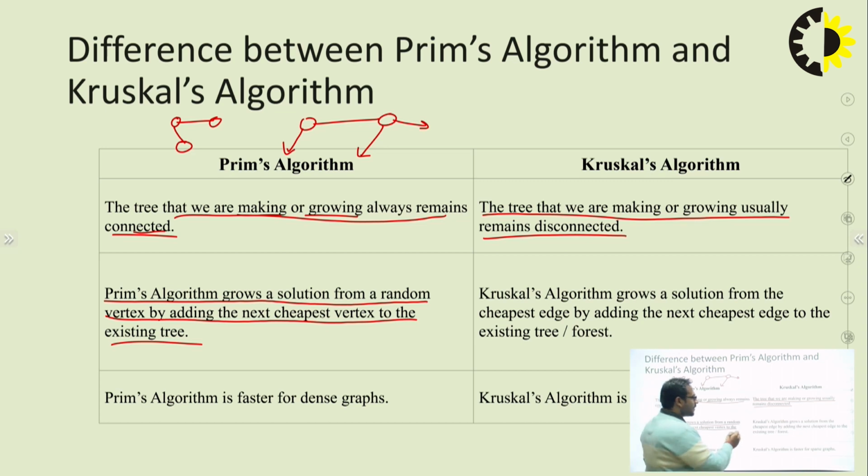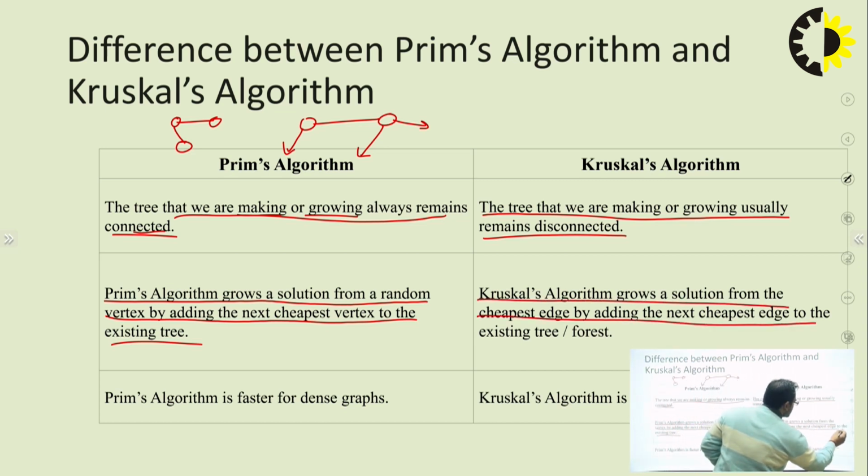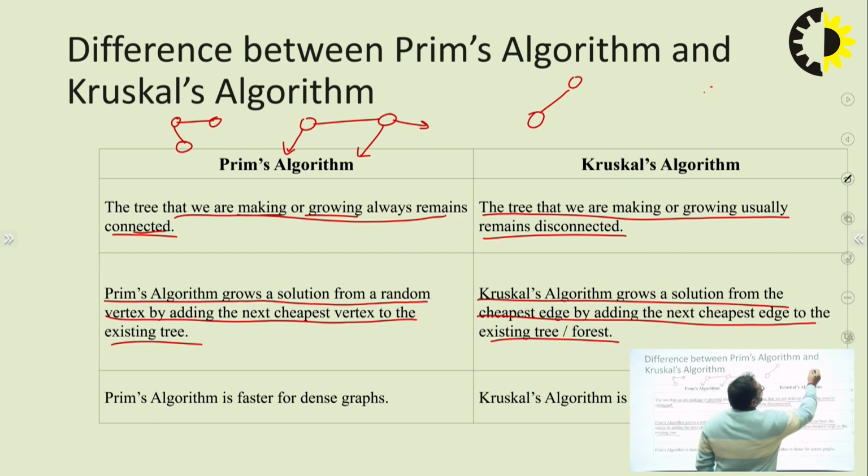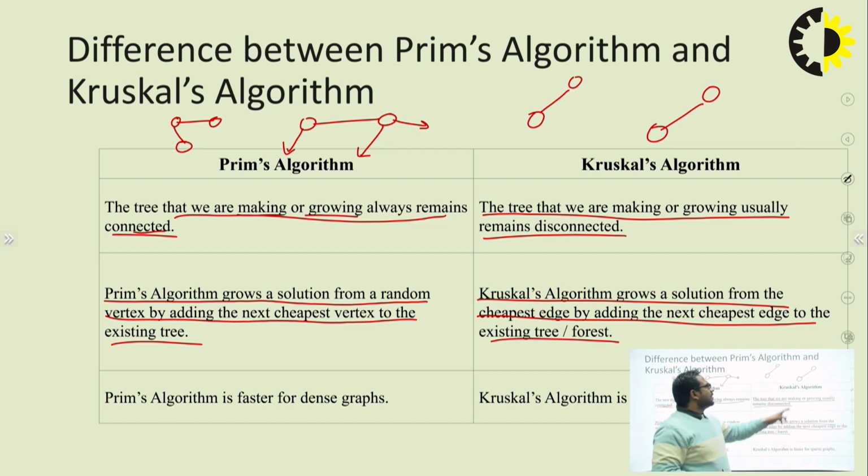But Kruskal's algorithm grows a solution from the cheapest edge by adding the next cheapest edge to the existing tree. It does not have a condition that you have to select a next edge which is connected to the particular node. If this one has a minimum weight, you can choose another edge which has the least weight, right?